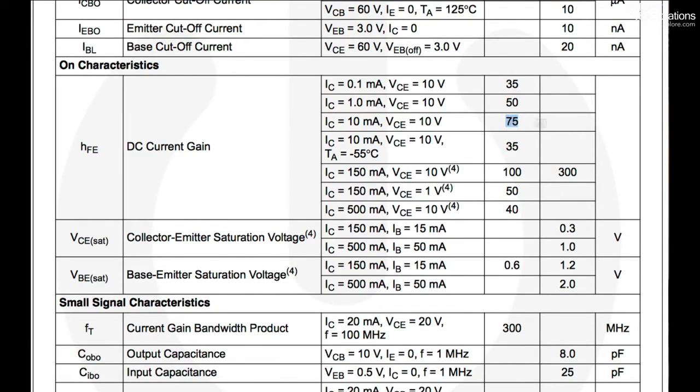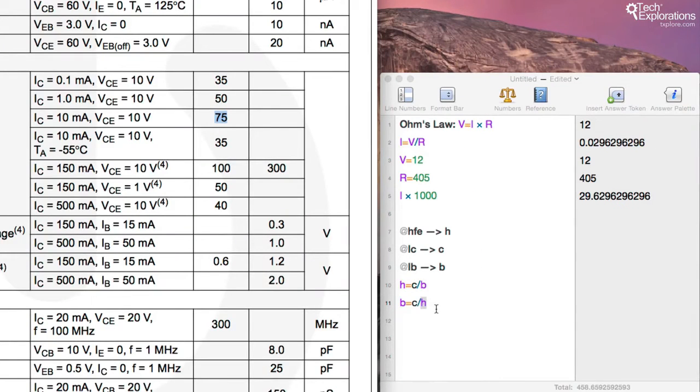So I'm going to take this number and put it in my calculator. I'm going to say that H equals 75. The C, I'm going to get it from my previous calculation to be 30.